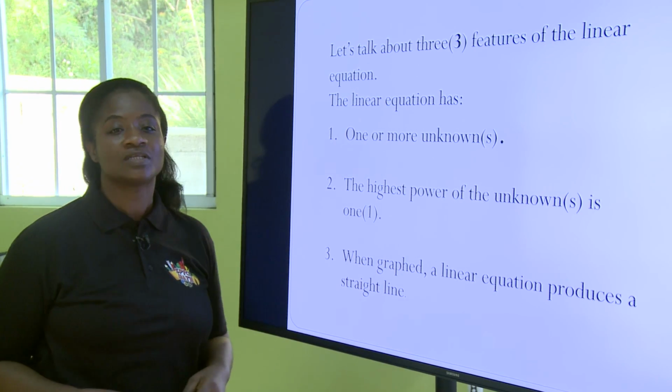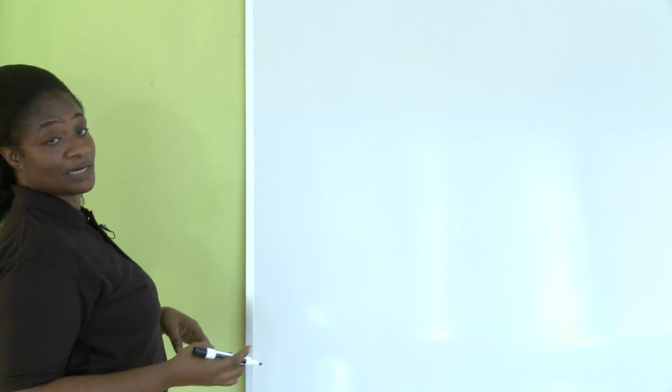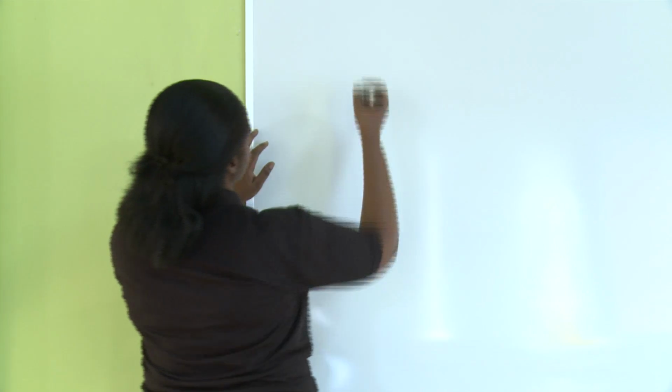And this is the one that I'm really excited about, and I hope you are. So we will spend some time examining each one of the 3 features. Allow me to write some linear equation examples on the board.